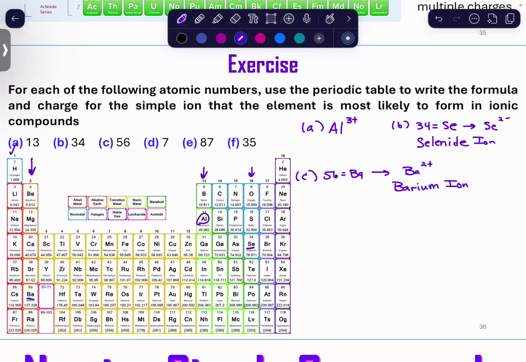Well, what about D? D is element 7. That's nitrogen. And nitrogen being in column 15, remember we do -1, -2, -3. So nitrogen is a -3, and because it's an anion, it becomes the nitride ion.